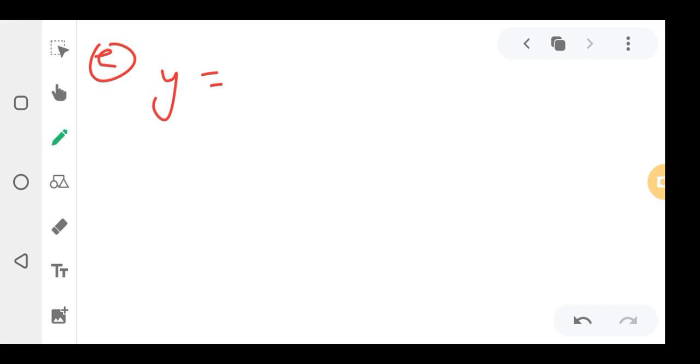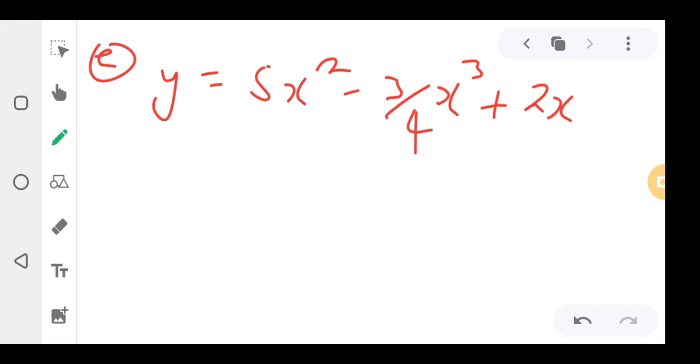E: y is equal to 5x power 2 minus 3 over 4x power 3 plus 2x squared plus 2.